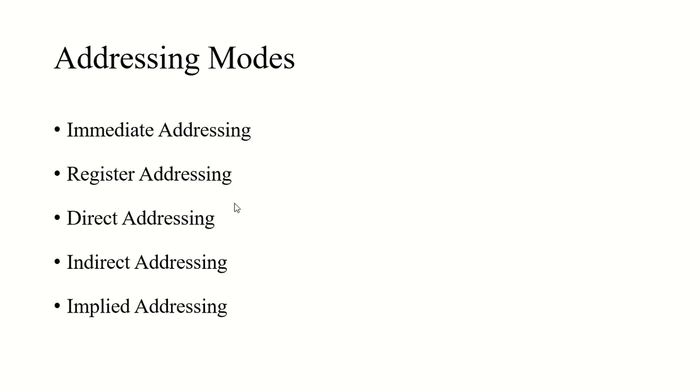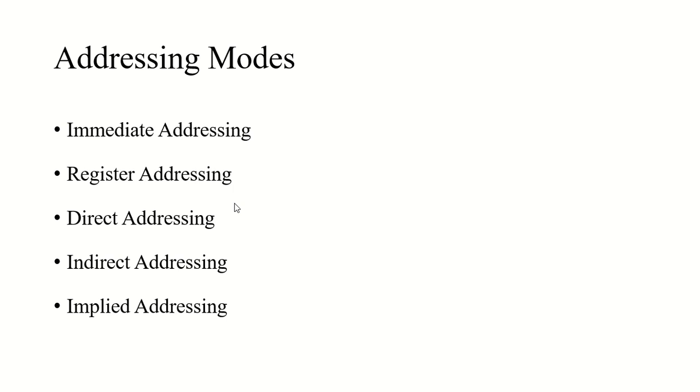And the instruction containing the letter I indicates the immediate addressing mode, right? So when I say MVI A comma 10H, it means the instruction transfers immediate data, which is 10H, to my register A, right?